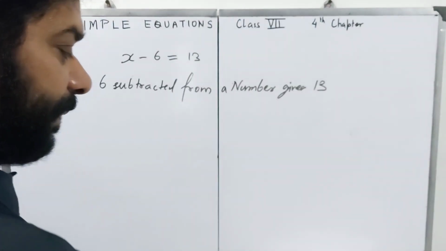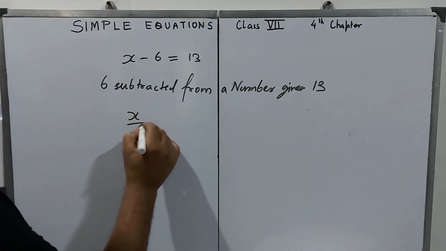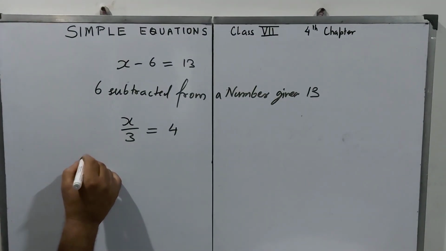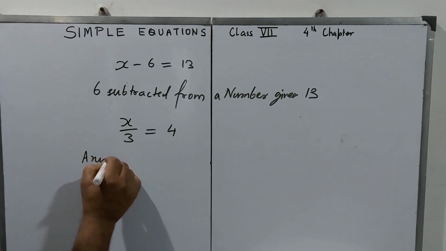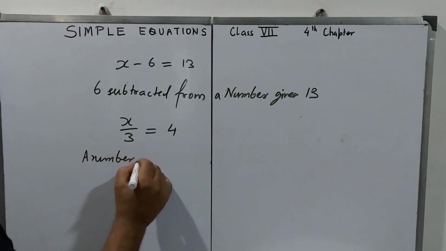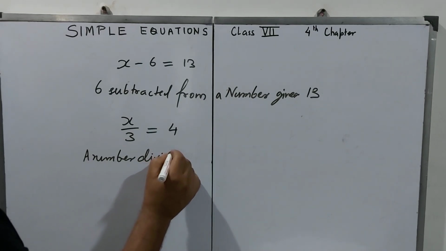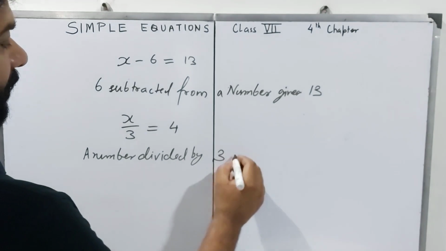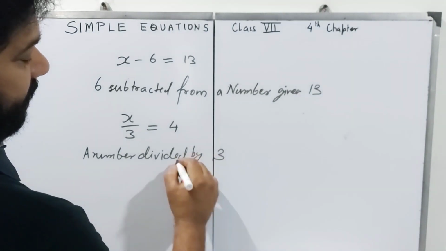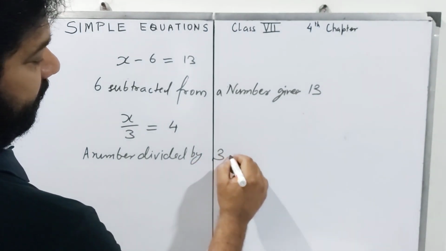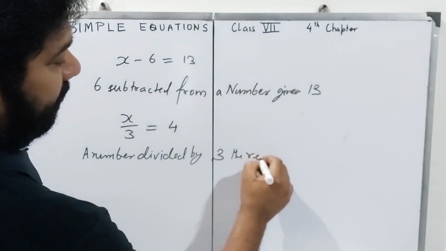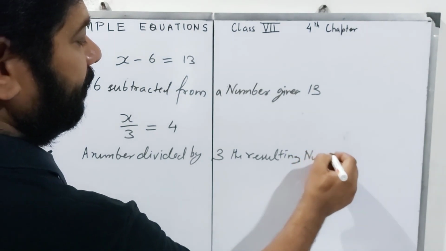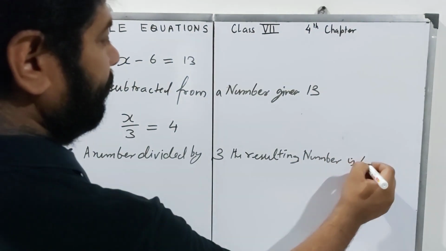Another example: x upon 3 is equal to 4. A number divided by 3, the resulting number is 4.